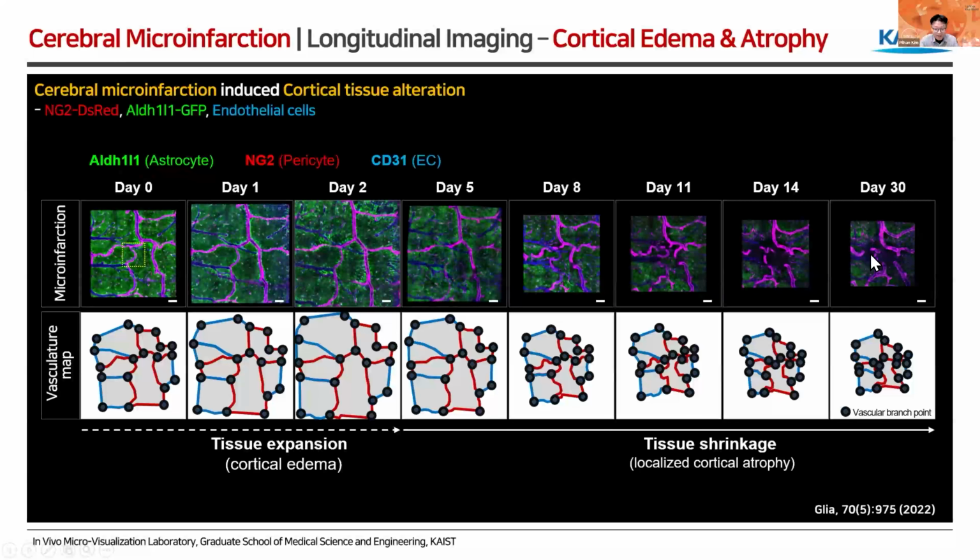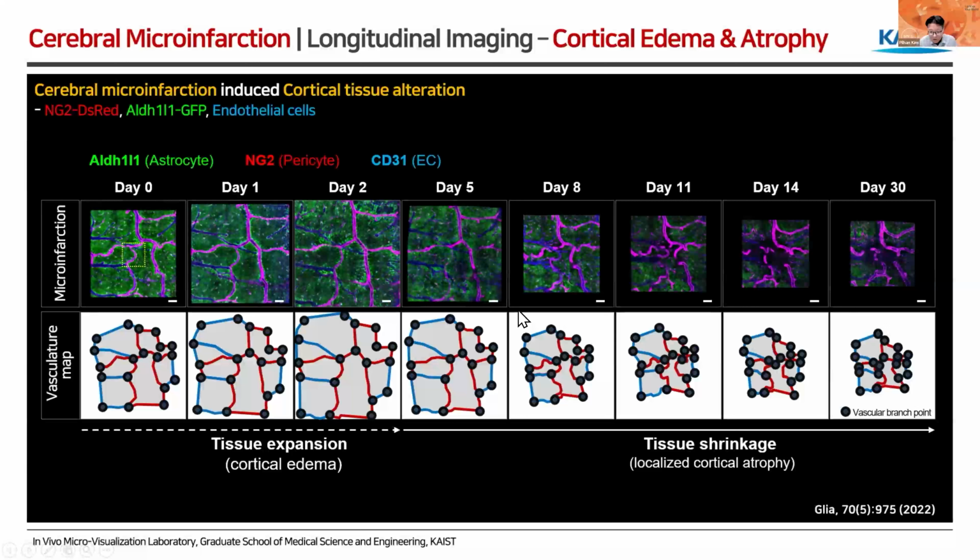This is one month of repeated longitudinal observation of the brain after inducing this cerebral microinfarction from day 0. If you look carefully, you can first see the expansion of the tissue, meaning the cortical edema, which peaked at day 2 and day 3, and then it spontaneously came back to the original size around day 5 to day 7, as you can compare to the baseline.